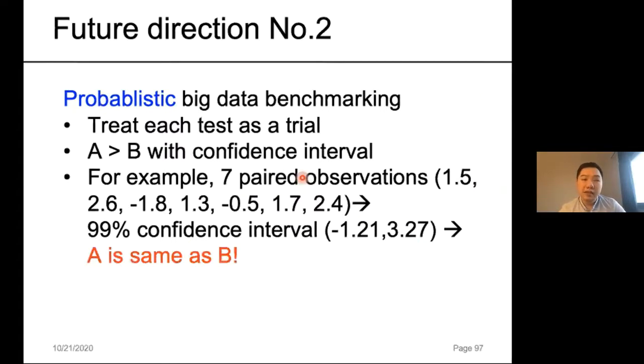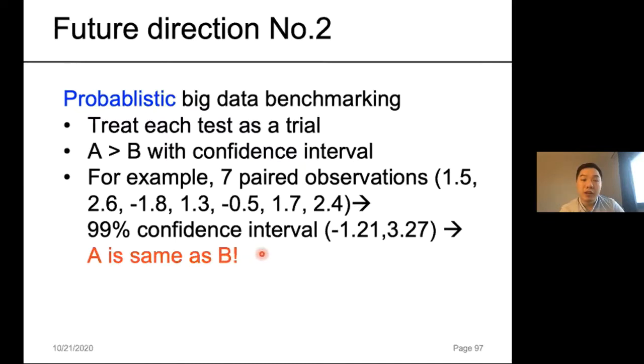And the second direction is probabilistic big data benchmarking. For this case, we can treat each test as a trial. So in this case, we can say system A is greater than system B with some confidence interval, without deterministic results.